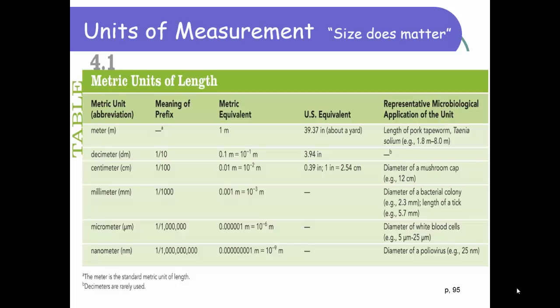This table on page 95 shows the differences of metric units of length. For example, there are 10 millimeters in each centimeter. There are 1,000 micrometers in each millimeter, and there are 1,000 nanometers within each micrometer.